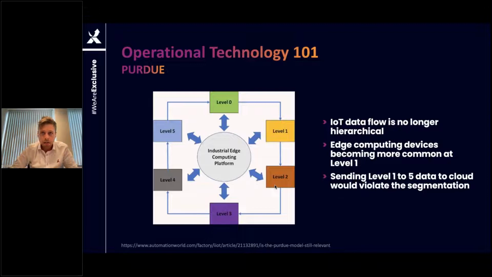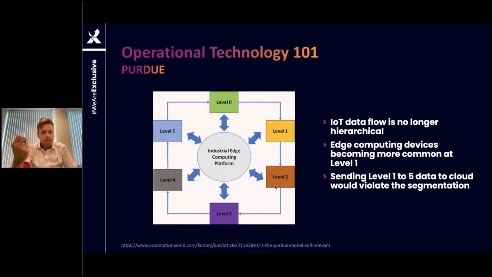Because in the IoT area, the flow of data is no longer hierarchical, because it's directly communicating with the internet, and the Purdue model is there to defend us from directly connecting to the internet. So essentially then the Purdue system would be broken and threats could rise because of these direct exposures.